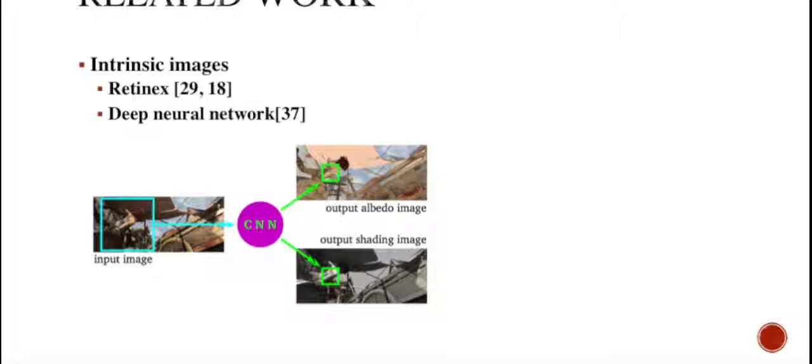Reference 37, Direct Intrinsics, is a successful early example of this type, using a multi-layer CNN architecture to transform an image directly into shading and albedo.